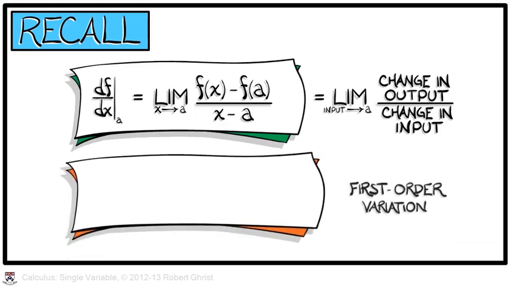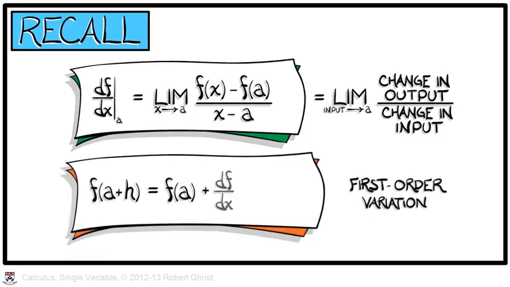Our second definition, a little bit stronger definition, is in terms of first-order variation. One changes the input to f by a small amount, h, and looks at how the change in the output depends upon h.